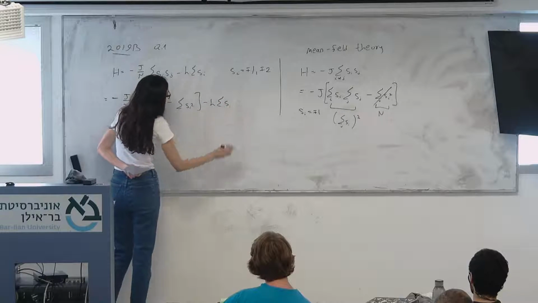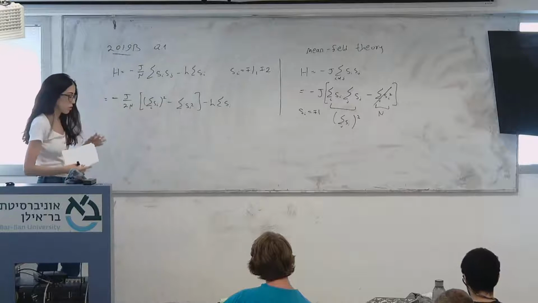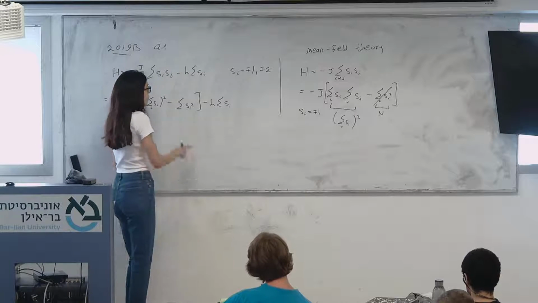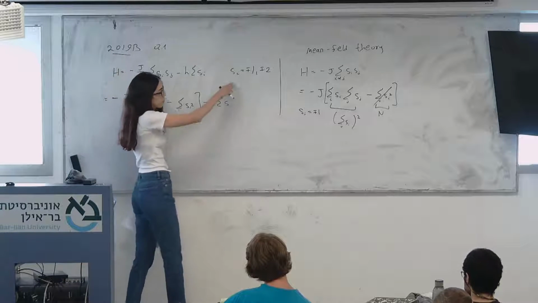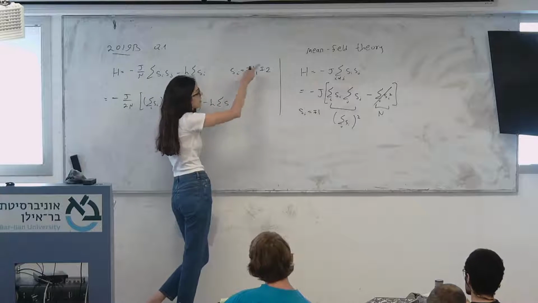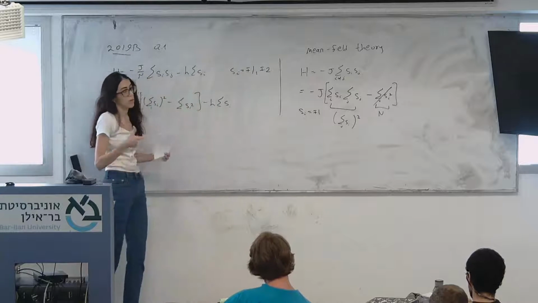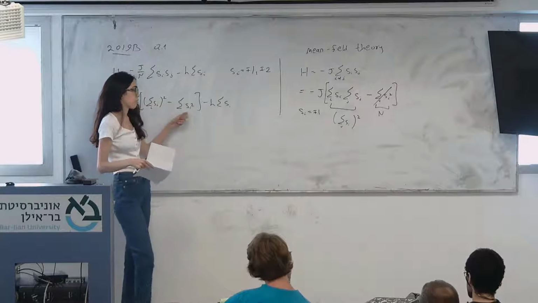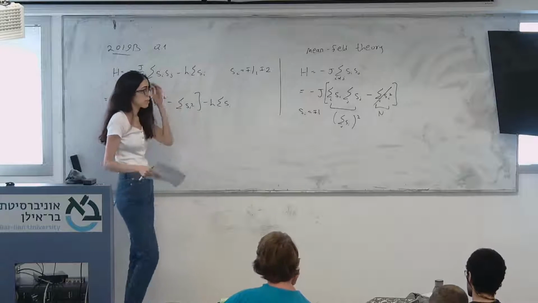But now we have a problem because we cannot ignore this term now, because si square can be equal either 1 or 4. So this is no longer a constant, so we have to keep it.